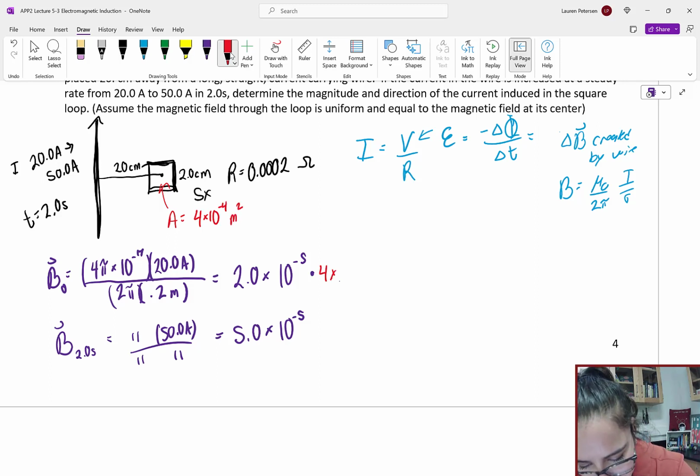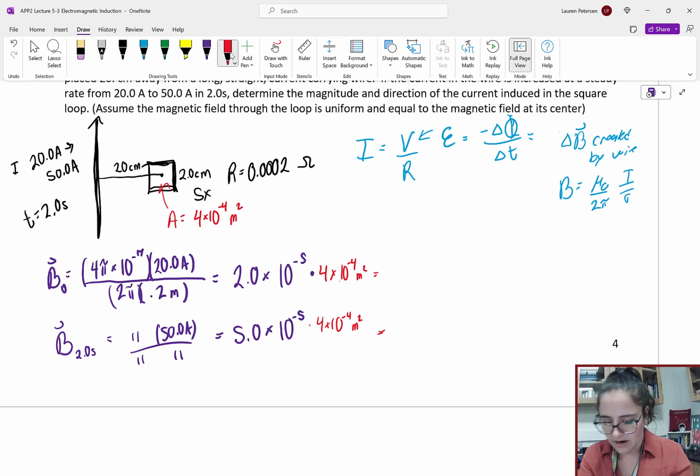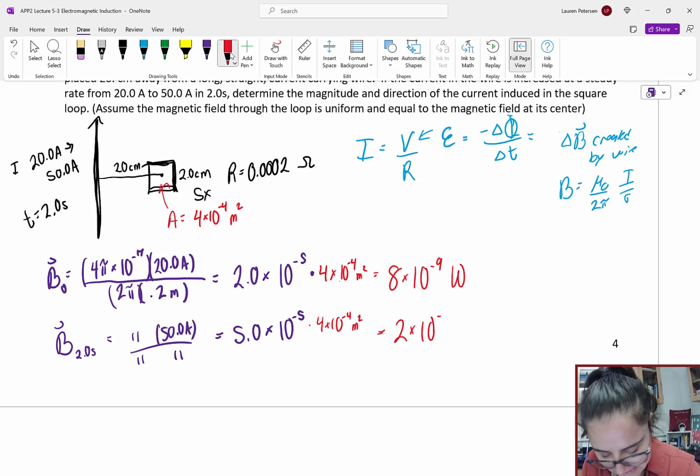So if I multiply that by that, we get our actual flux, which is going to be 8 times 10 to the negative 9 Webers here, and 2 times 10 to the negative 8 Webers here.